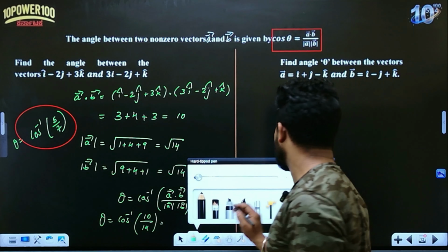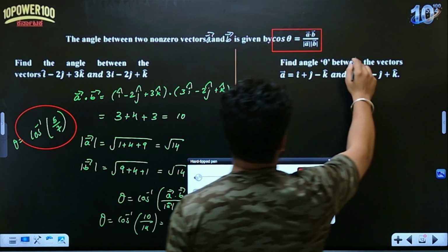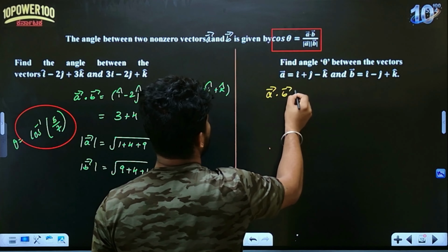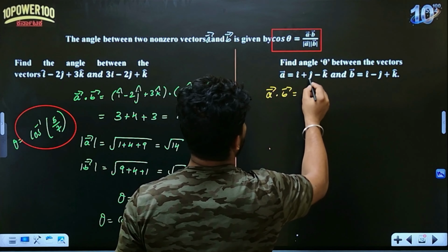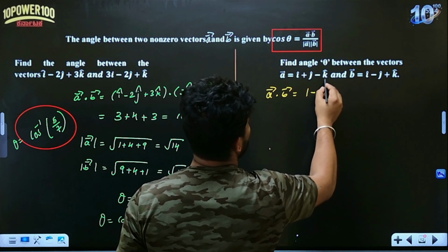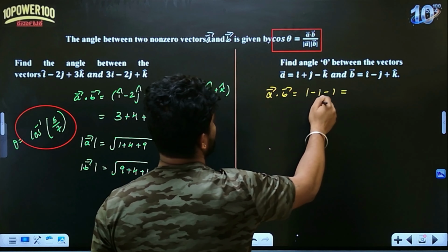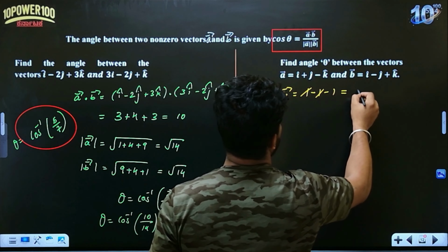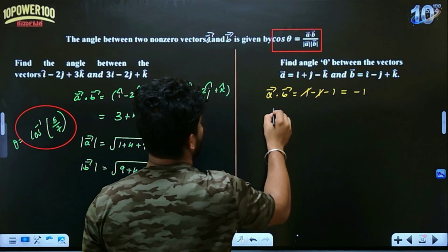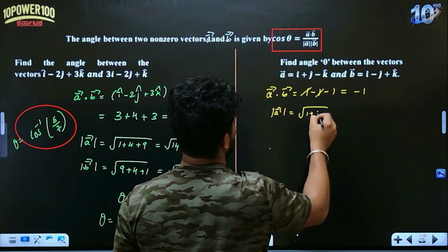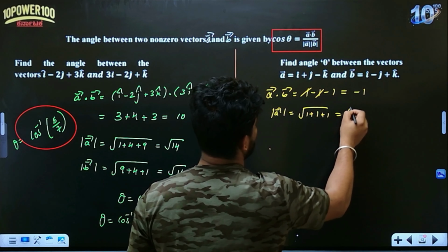Okay, so let's apply the same strategy here. Here a and b are given. Now a dot b, I'll do directly. So a dot b is equal to 1 into 1 is 1, this is minus 1, this is minus 1, so it cancels, and it is minus 1. Magnitude of vector a is 1 plus 1 plus 1, that is nothing but root 3.